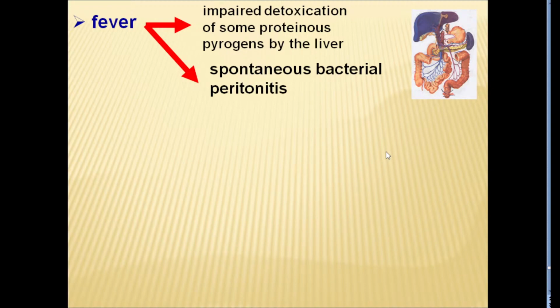And due to decreased immune response and increased permeability of the intestinal wall, the primarily aseptic peritoneal liquid becomes bacterial. And we are talking about spontaneous bacterial peritonitis.